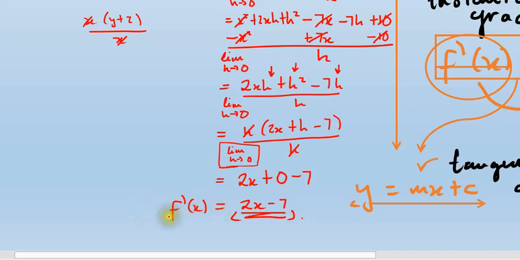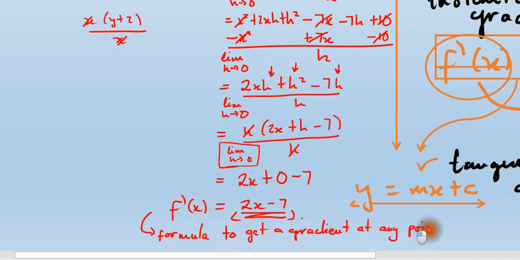So that means this is the formula to get a gradient at any point, right, in the graph or the function f of x equal to x squared minus 7x plus 10.